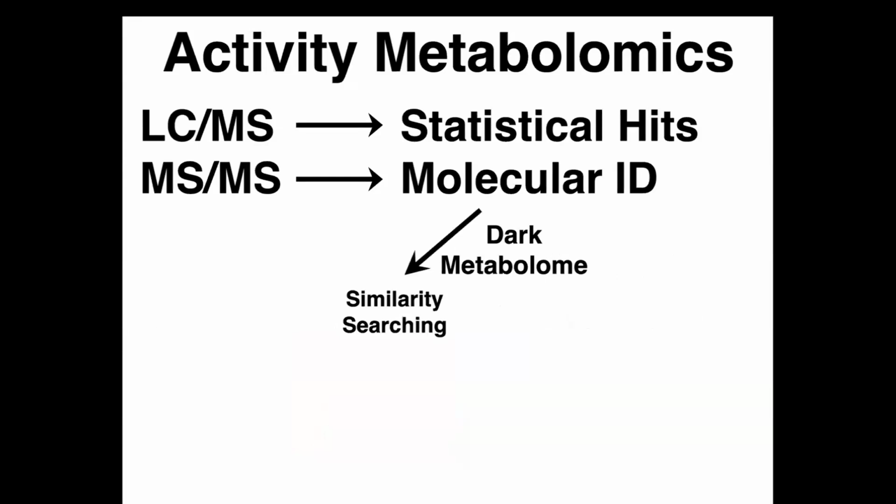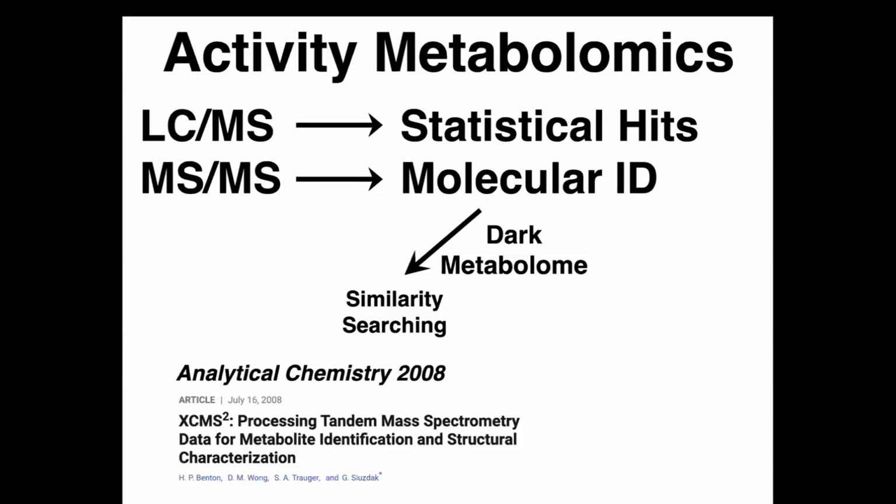So a technology that we actually introduced back in 2008 was similarity searching. So the hope was that, of course, with the vast number of molecules that we have in Metlin, we could do similarity searching, and that could help us identify what this dark metabolome is. And I was actually quite excited about this.